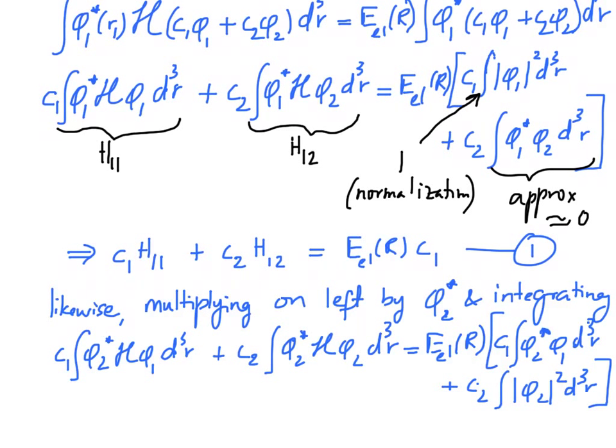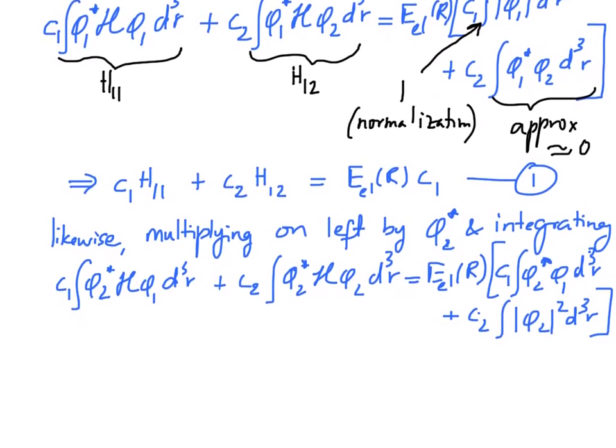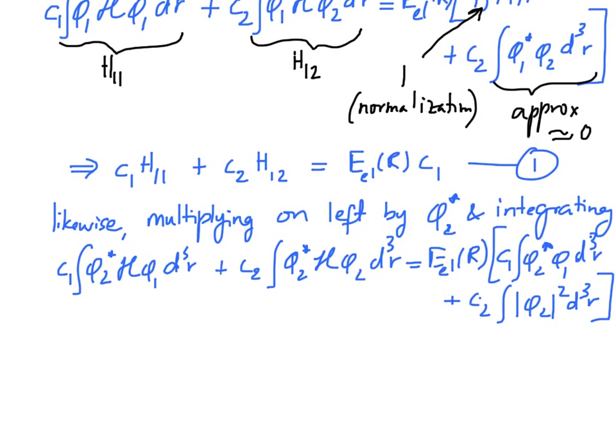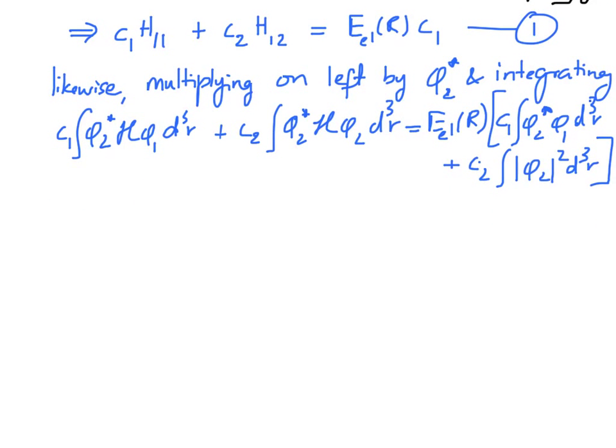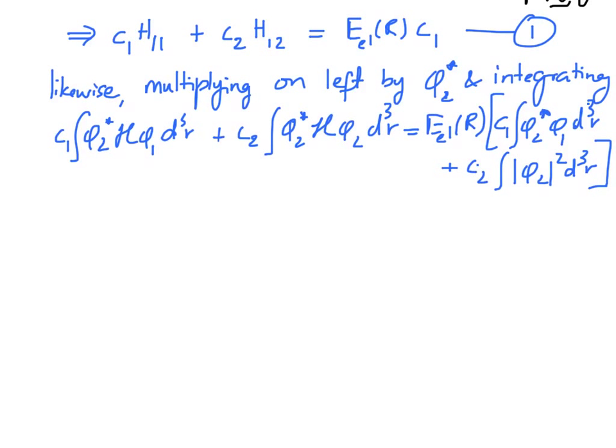So here is what we have. If we go back to our Schrodinger's equation for the H2 plus system, we multiply on the left by phi2 star and integrate over all of space, we get this equation. Note that the first term here is something we can call H21, but because of symmetry between 1 and 2, H21 will be equal to H12.